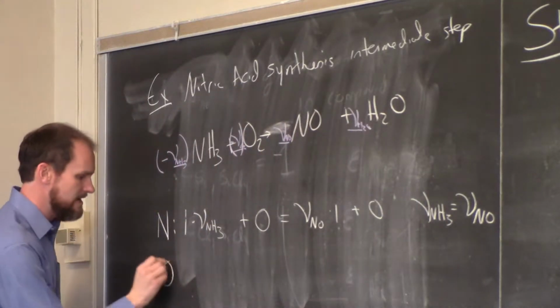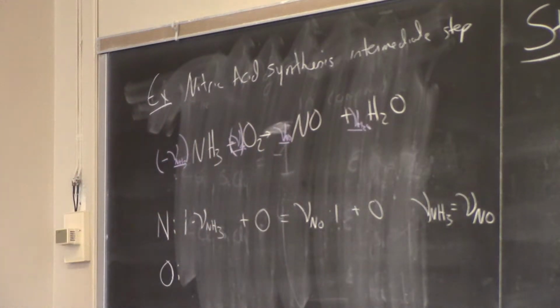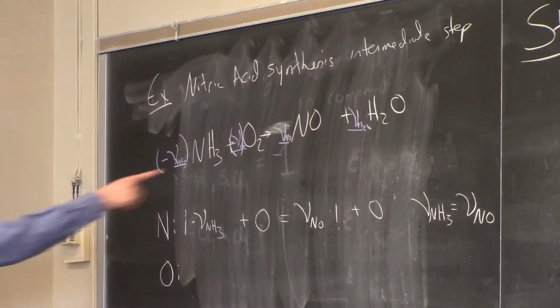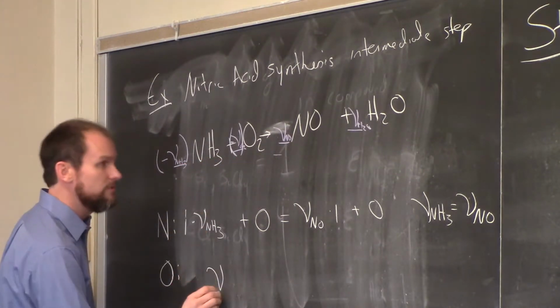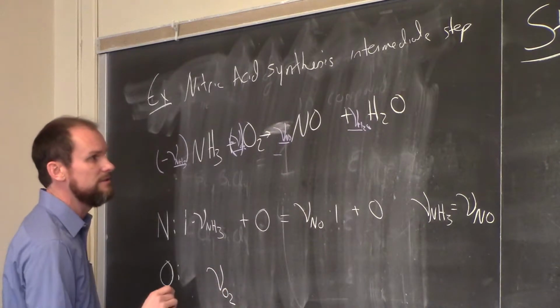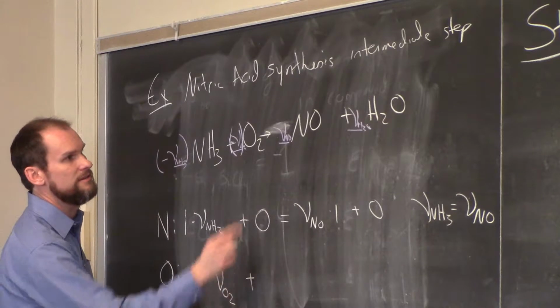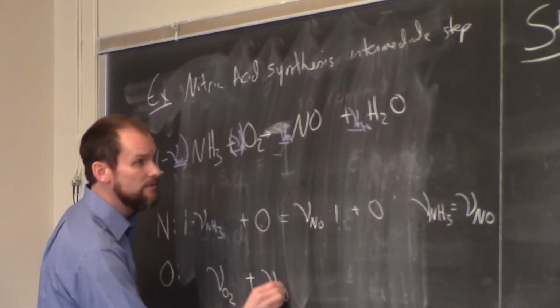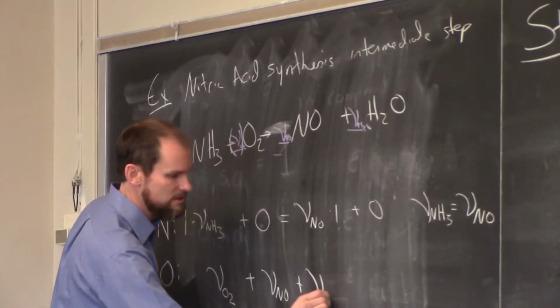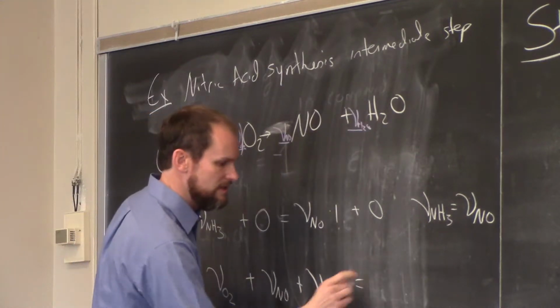I balance the oxygens. What equation do I get? Nu O2 plus nu NO plus nu H2O equals 0.